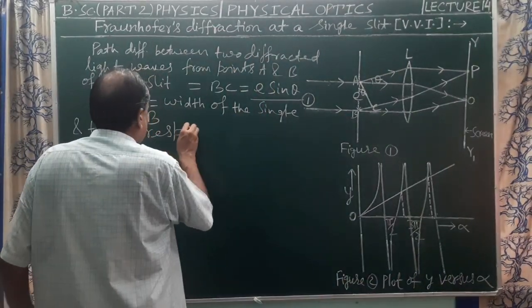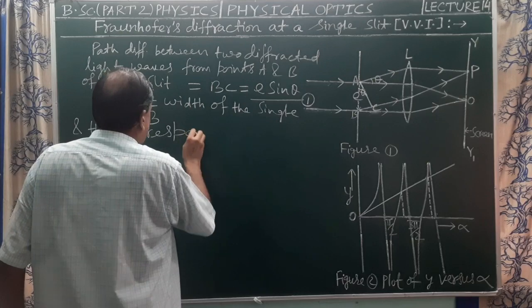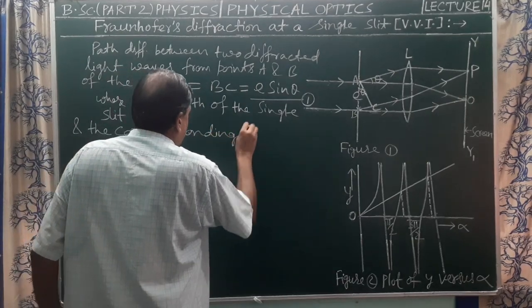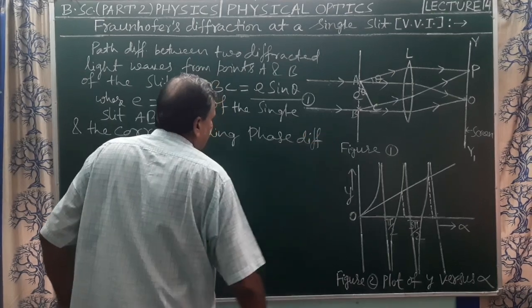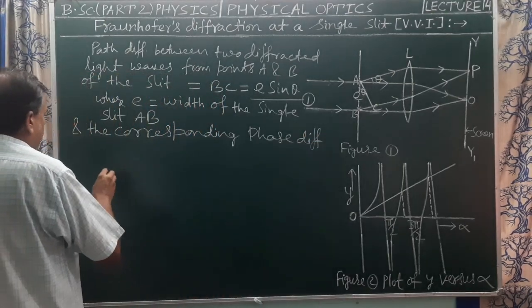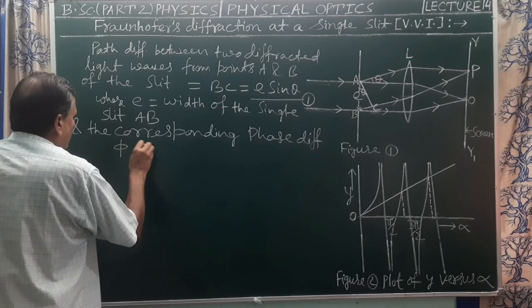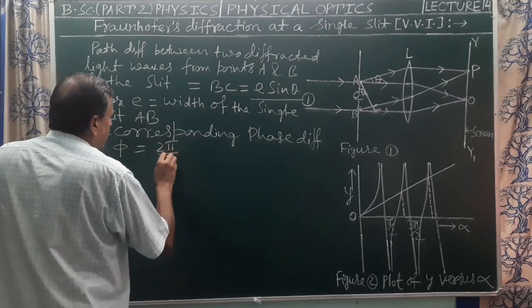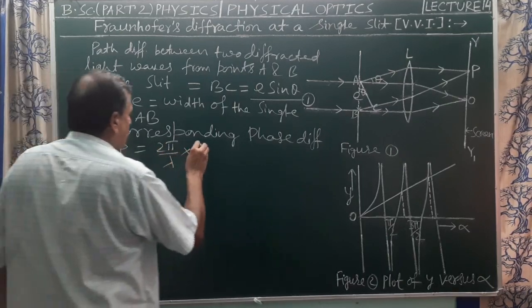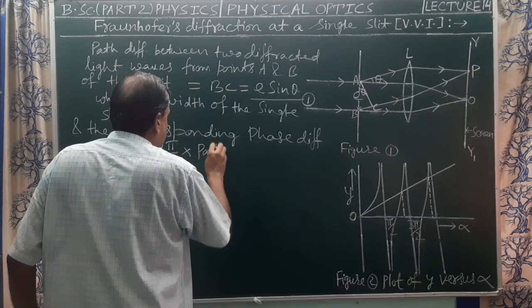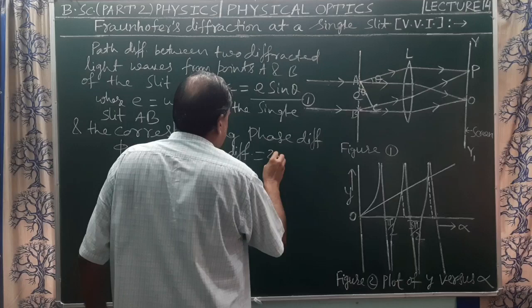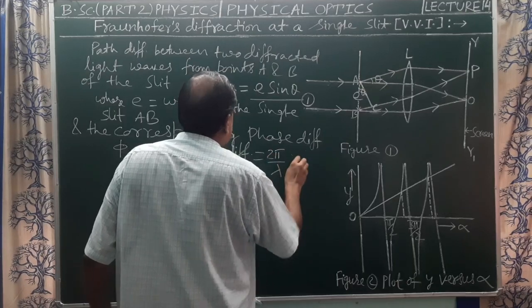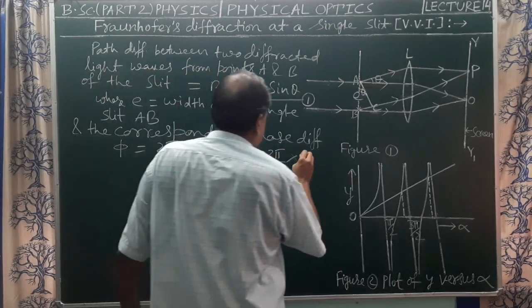So phi equals 2 pi by lambda into path difference, that is 2 pi by lambda into e sine theta.